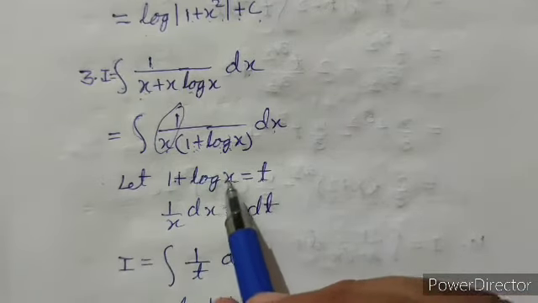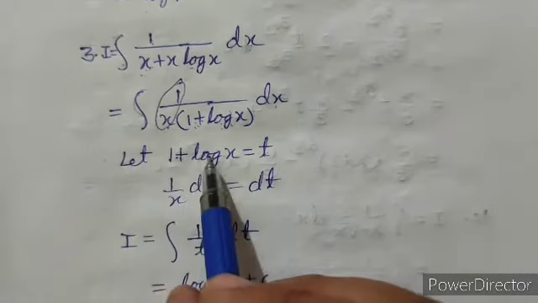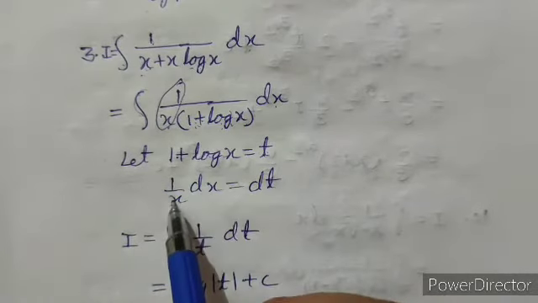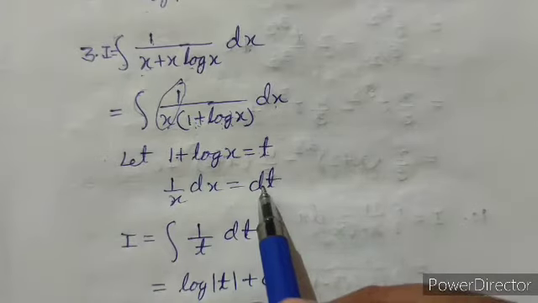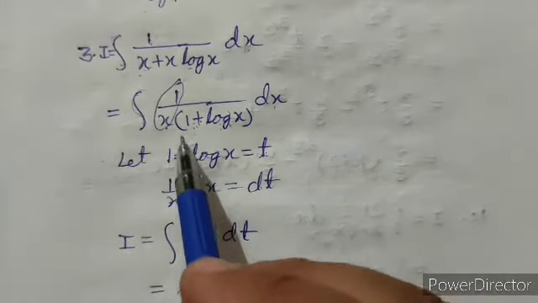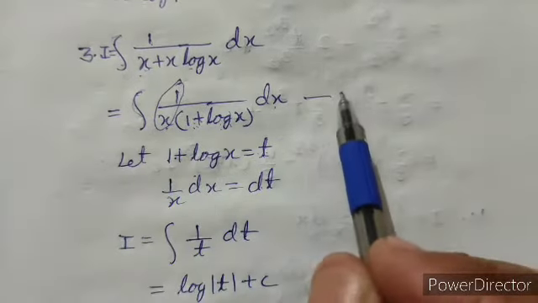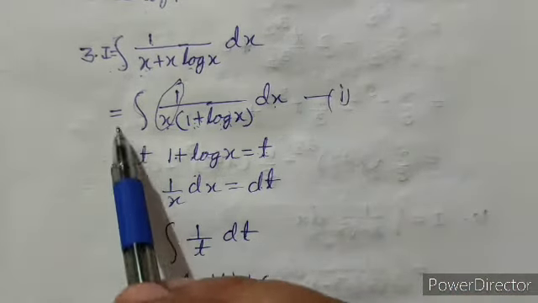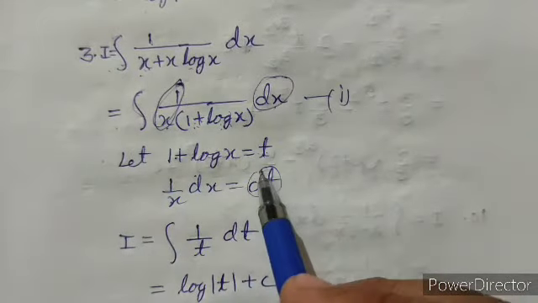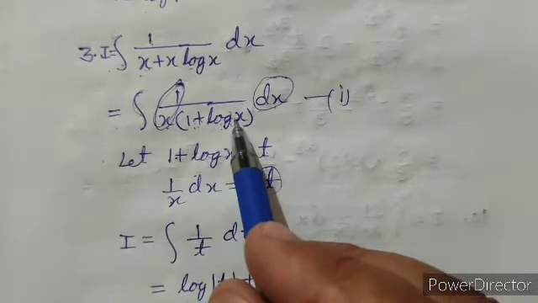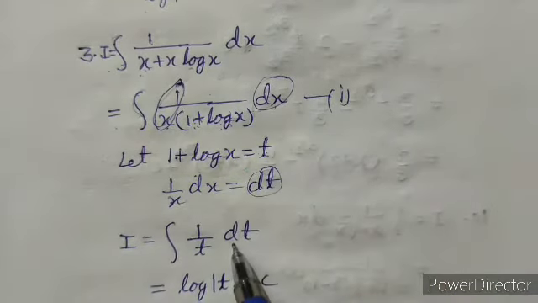Now on taking 1 plus log x as t, the derivative of 1 will be 0 and the derivative of log x will be 1 upon x dx, and that will be equal to dt. Now on putting these values in the first, we are getting I as, now here 1 upon x dx was equal to dt and 1 plus log x is t, so I will be equal to integral of 1 upon t dt.